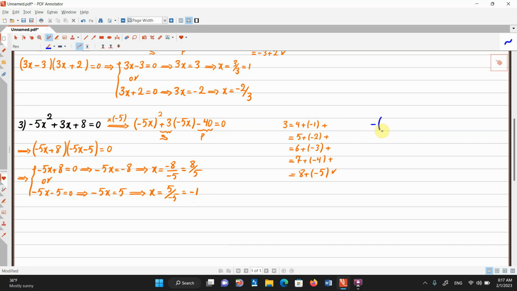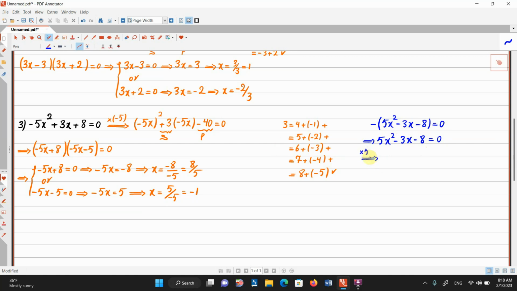Then you can have negative 5x squared minus 3x minus 8 equals 0. From here, you can conclude, therefore, 5x squared minus 3 times x minus 8 equals 0. Then follow the same changes we did here.